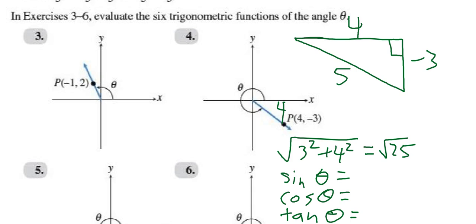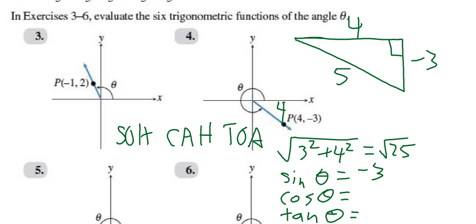So what's the sine? Remember your SOHCAHTOA? Sine would be -3/5. Oops, that's a bad 3, but okay. -3/5. How about that cosine? 4/5. And the tangent.